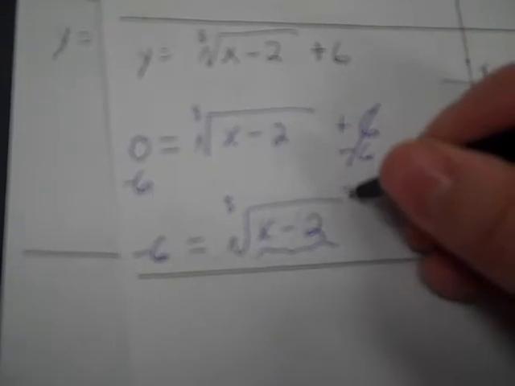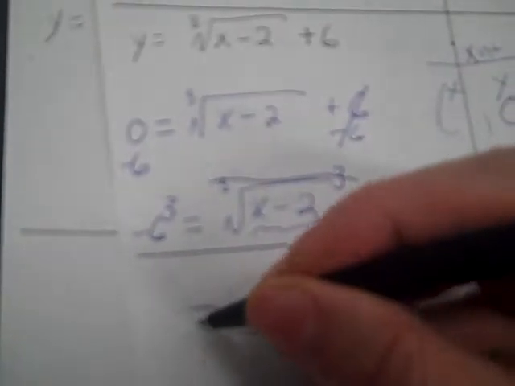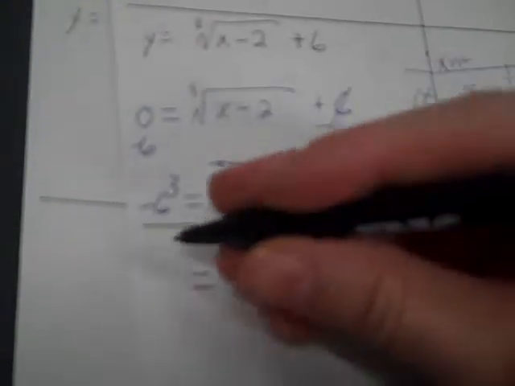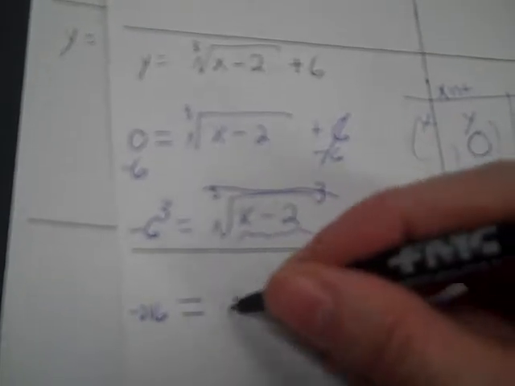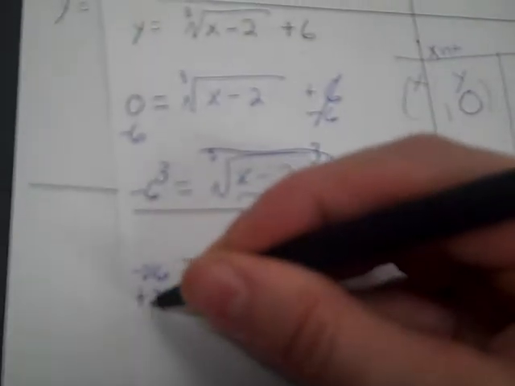You're now ready to get rid of the root, but you do it with a third power. Negative 6 to the third power. When you do a negative to a power, you would want to put parentheses around it. That's negative 216. It's a negative times another negative. x minus 2. Then I add 2, and that's negative 214. Boom.